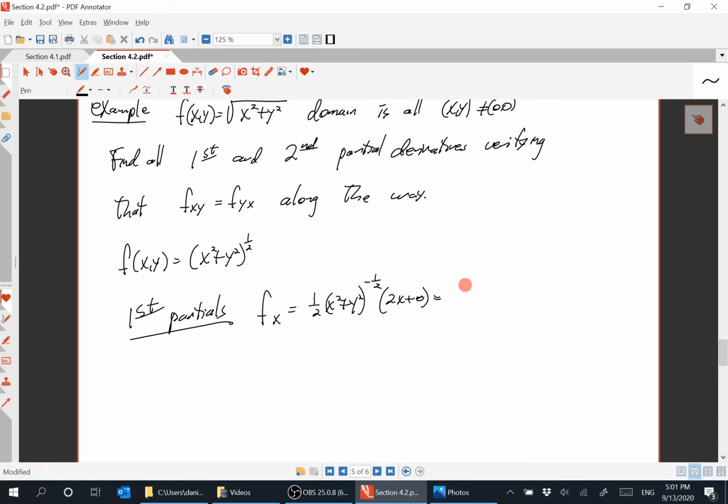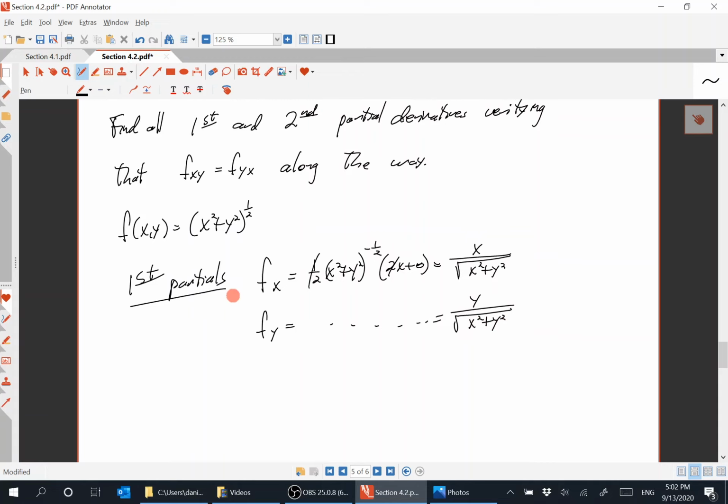Right? So we have x over square root of x squared plus y squared. Partial derivative with respect to y, well, it looks exactly the same. I mean, this is a function where the roles of x and y can be changed, right? It's kind of symmetric with respect to x and y. So you get the same thing. It's equal to y over square root of x squared plus y squared. So that's the first partials.